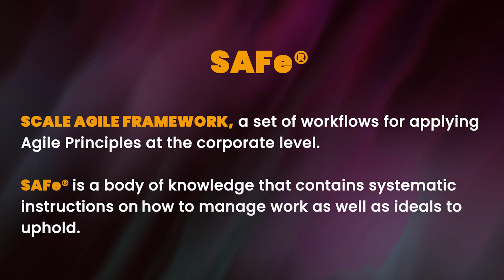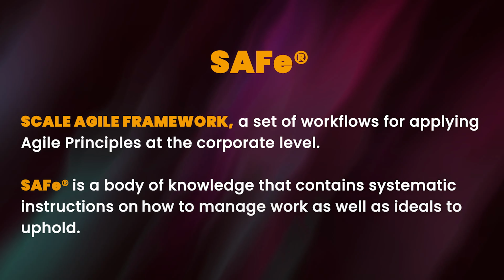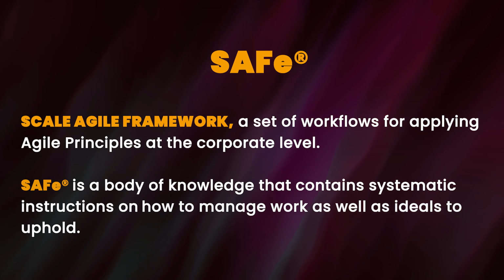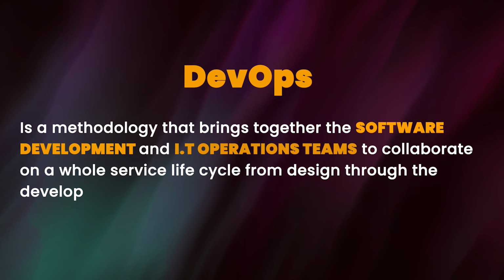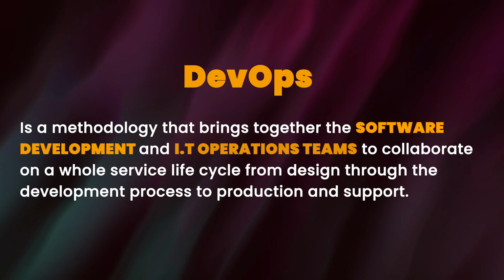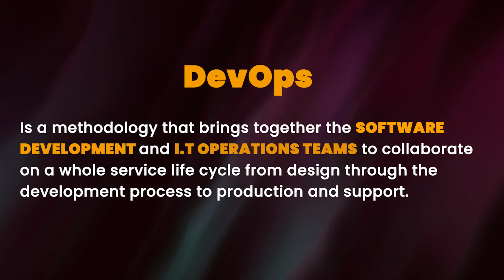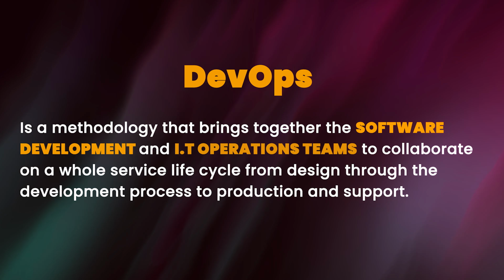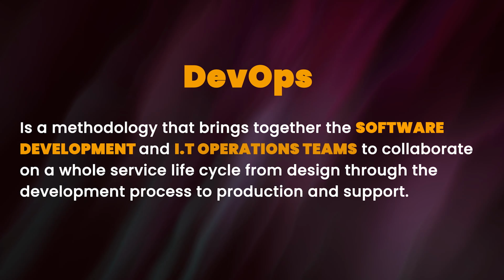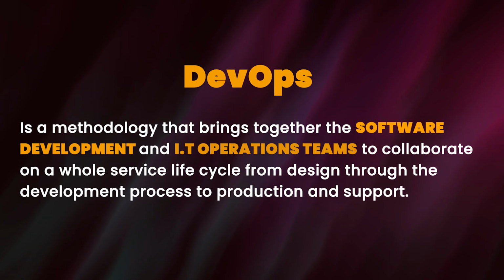SAFe is a body of knowledge that contains systematic instructions on how to manage work as well as ideals to uphold. DevOps is a methodology that brings together the software development and IT operations teams to collaborate on the whole service life cycle from design to the development process to production and support.